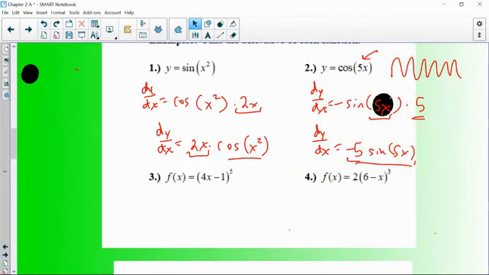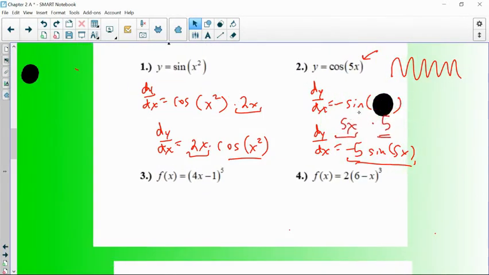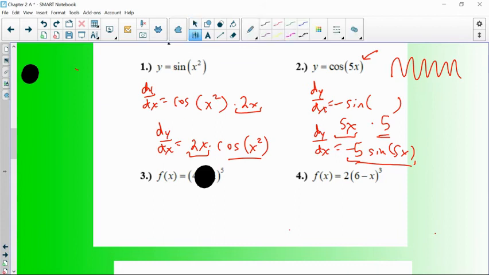Coming down here, trying to grab the black dot. There it is. Okay, so we have something raised to the 5th power. And it doesn't really matter what that something is. The derivative of any 5th power function is 5 times that thing to the 4th power.